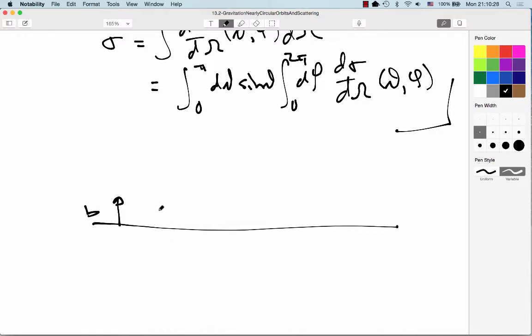So we're ultimately going to be integrating like so. As long as I come in anywhere around the axis with impact parameter b, I'll go off to the same place, right? So here's my scattering center.